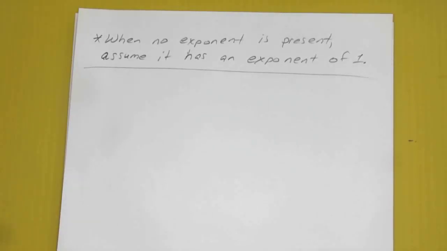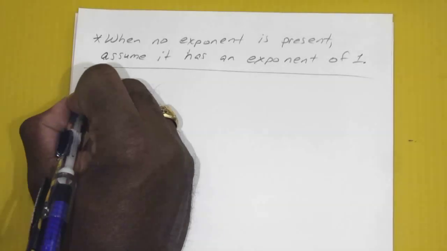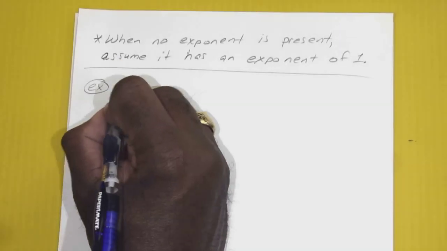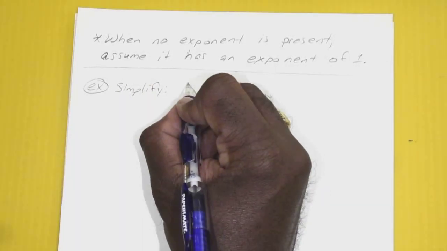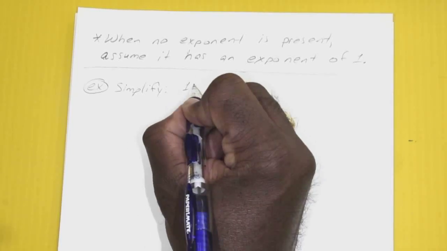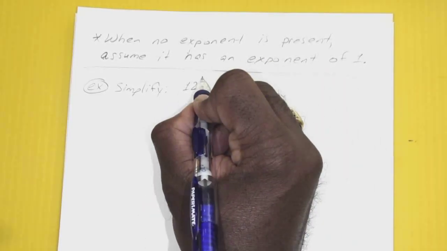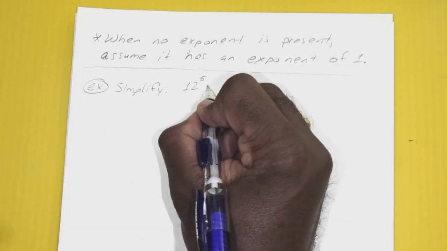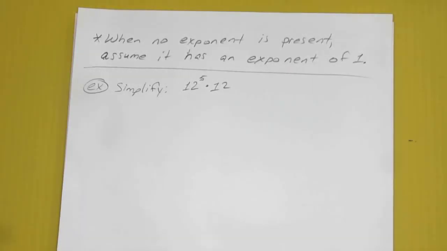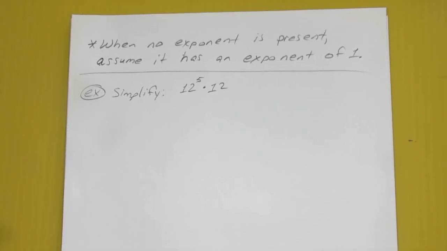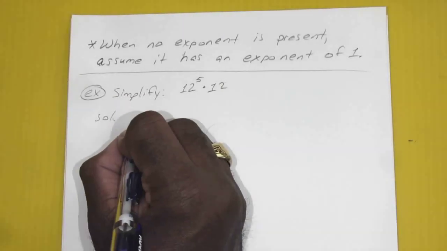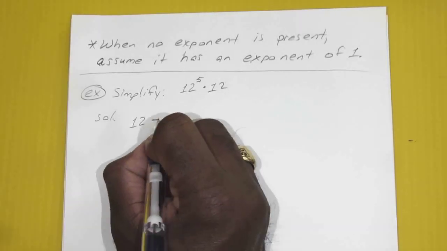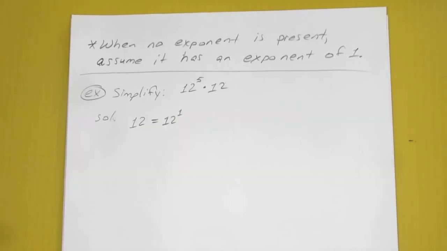Let's say, for example, if we wanted to simplify 12 to the 5th power times 12. Okay. So when there's no exponent, we know that 12 is just 12 to the 1st power.